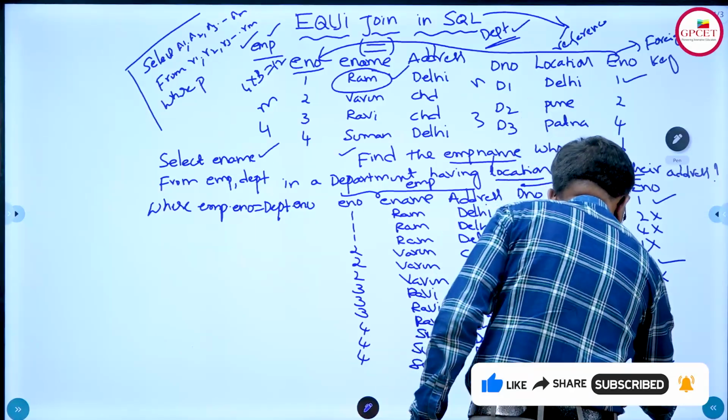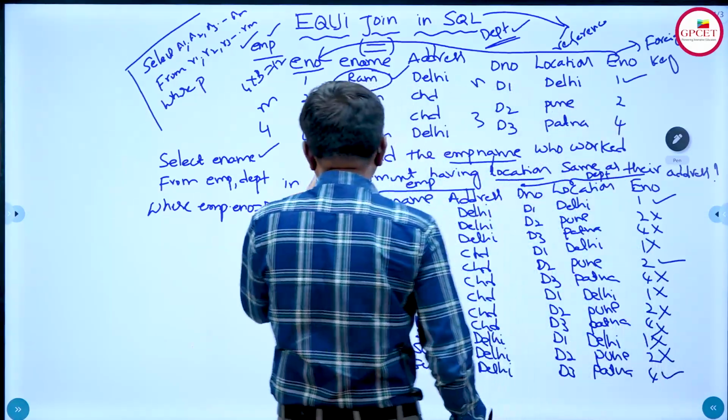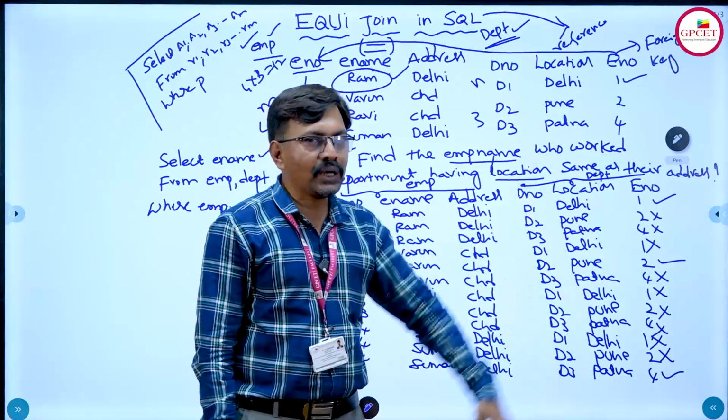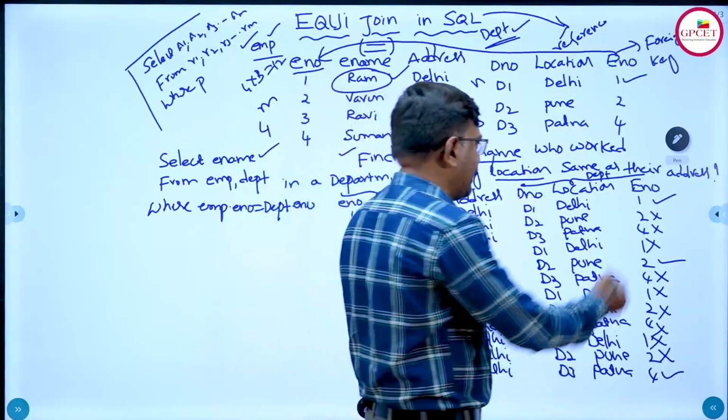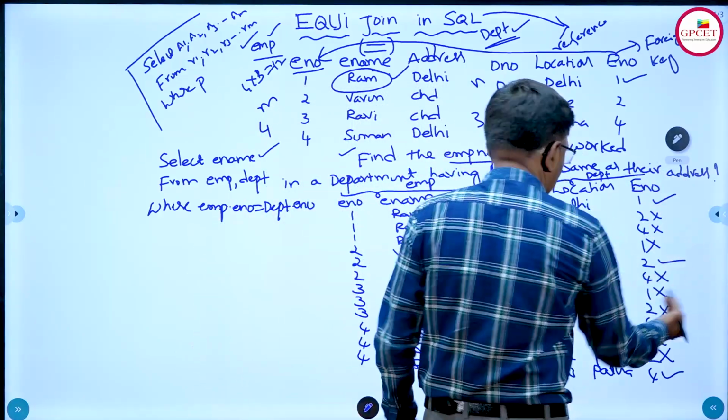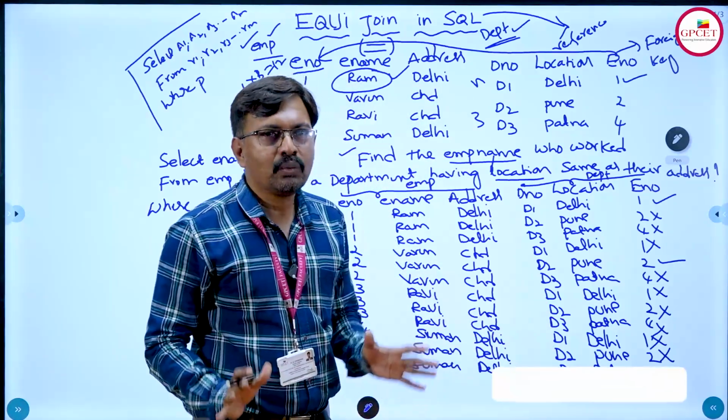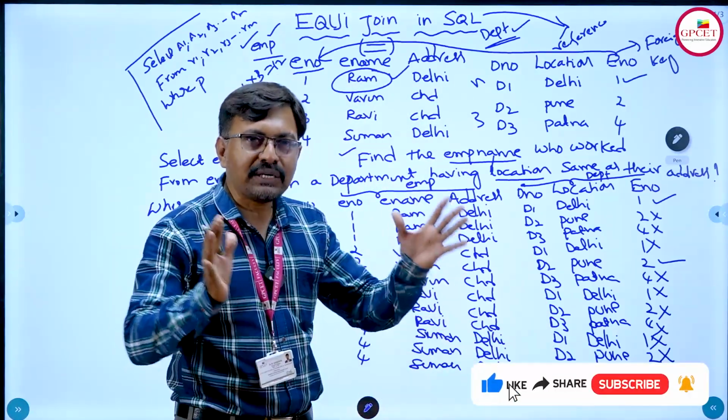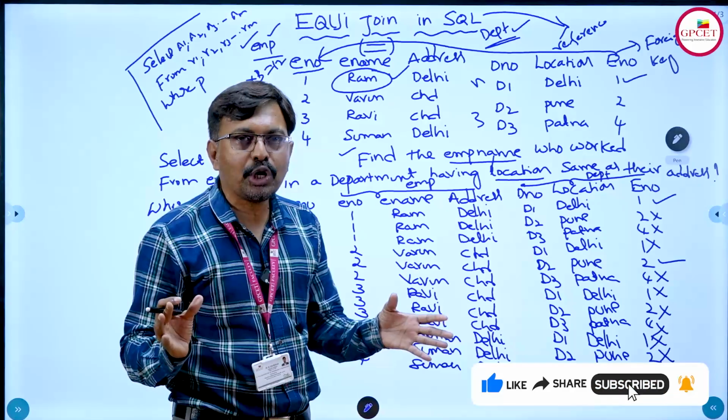Here 4 4 equal. Why? Because EMP.E number equals department.E number. How many tuples do we select? Only 3 rows can be selected. The first one is a cross product. The second one, we apply a join operation. What is my join operation?